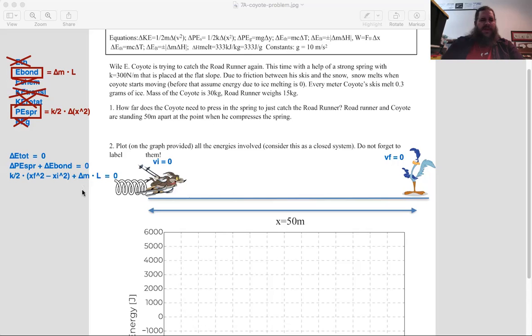We also know some of these values. K, the spring constant, is given. That was the 300 newtons per meter. And do we know either of the distances? Do we know the final amount the spring is compressed, or do we know the initial amount the spring is compressed? If we're assuming that the initial time is when he's just about to launch from the spring, do we know how much the spring was compressed at that instant?